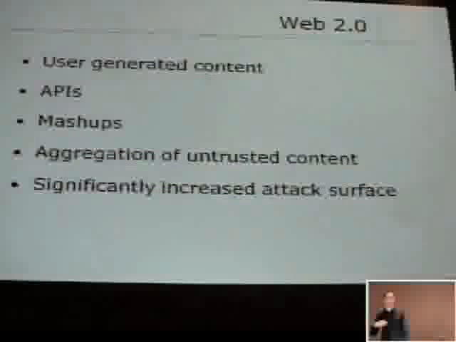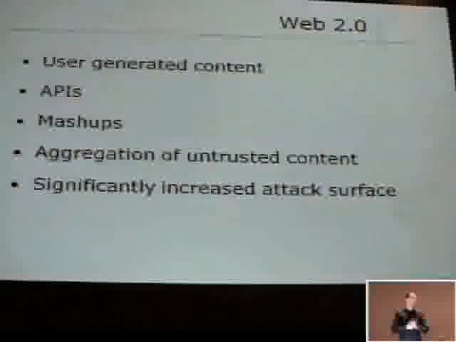Perhaps there is a way to inject some code into the mashup application. So because of the Web 2.0 development, now we have these architectures that are very distributed, and you have a lot of services that depend on other services that they do not control, and very often they do not understand.